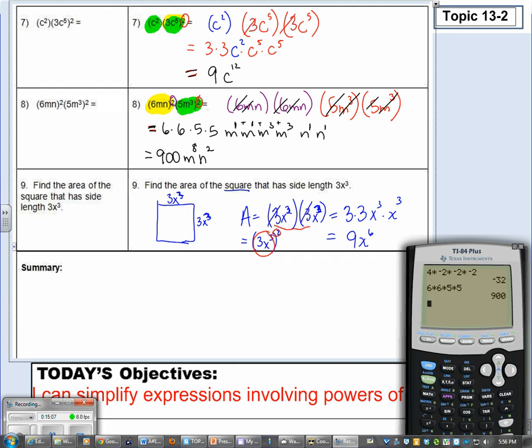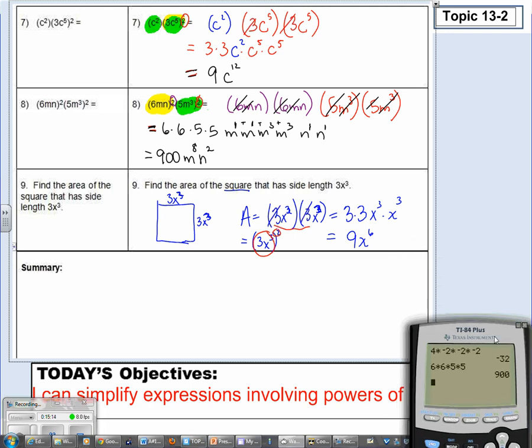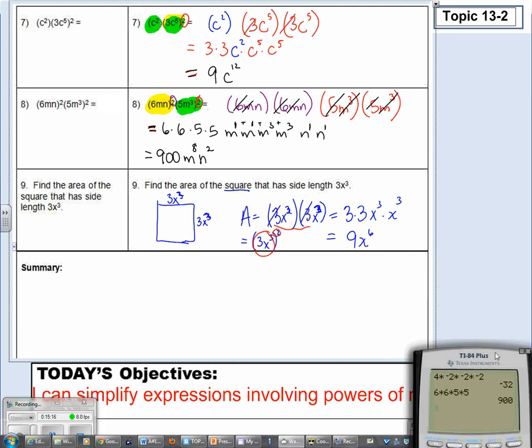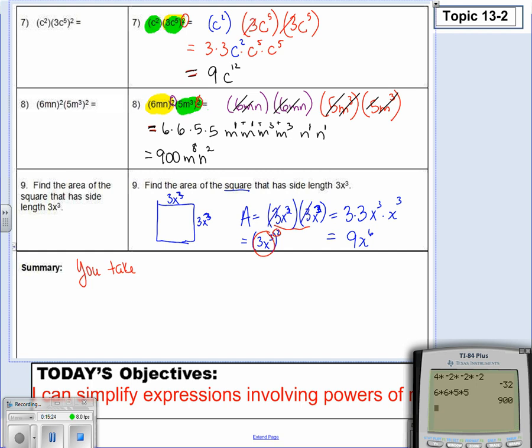So to answer our essential question from the beginning, which was how can I simplify expressions involving powers of monomials, what we ended up doing was we took the power of the monomial and stamped out the monomial. So let's write that. You take the power of the monomial and stamp out the monomial.